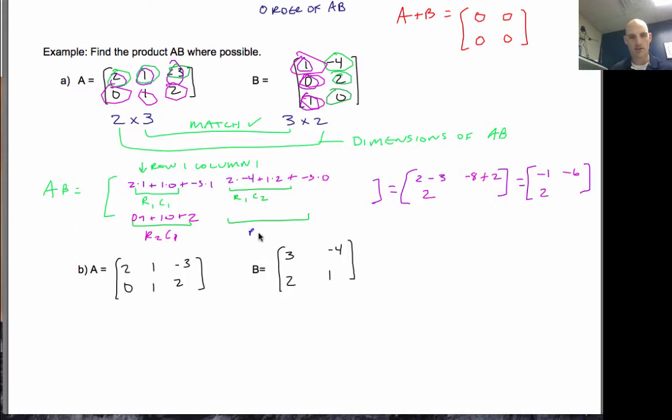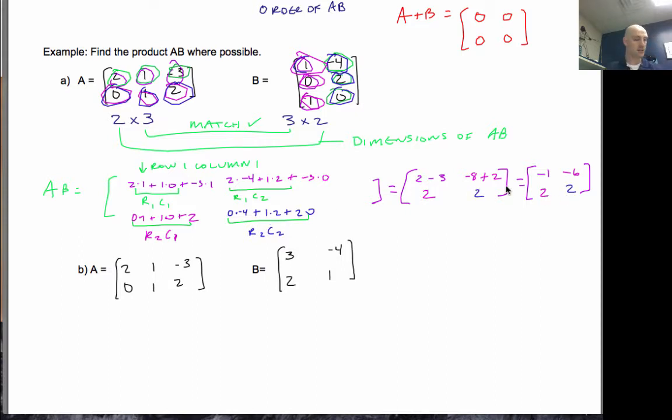This element here is row 2, column 2, so row 2: 0 times negative 4, plus 1 times 2, plus 2 times 0. So that's 2.